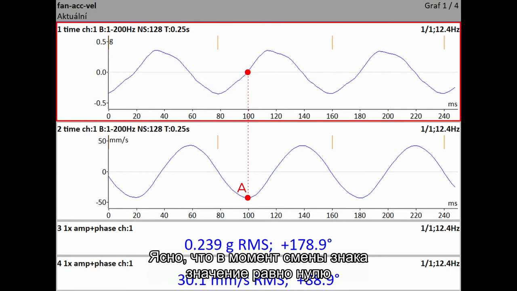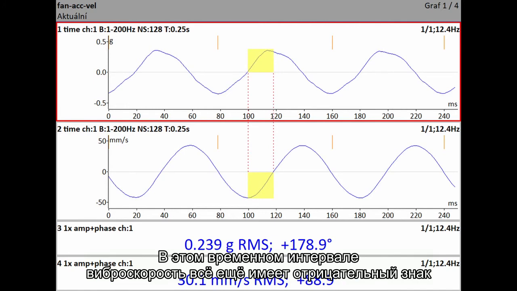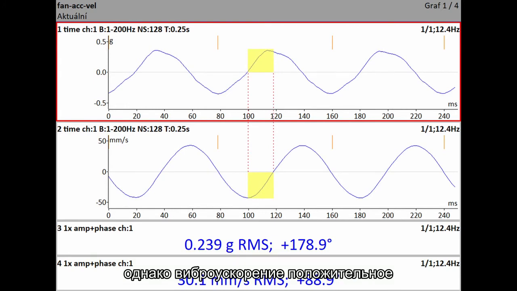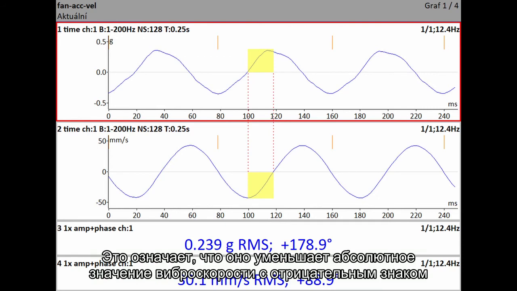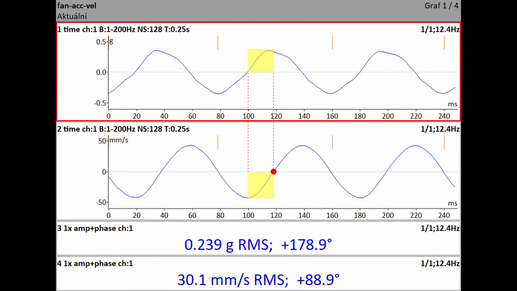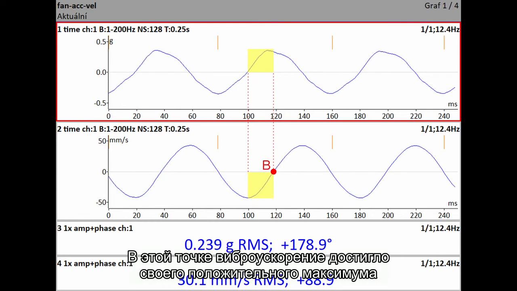It is clear that it must be 0 at the time of change. In this time interval, the velocity is still negative, but the acceleration is positive. It means it decreases the negative velocity. The velocity is equal to 0 at point B. At this point, the acceleration has reached a positive maximum.